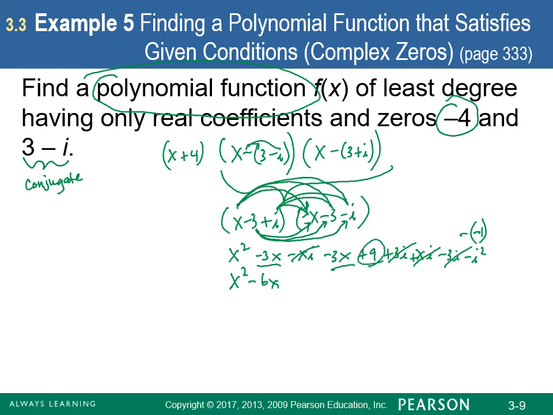And 9 plus 1 is 10. So when we multiply that out, we no longer have any i's. And so this would be our polynomial. And again, we may need to even multiply that out depending on how the answer is wanted in my math lab.